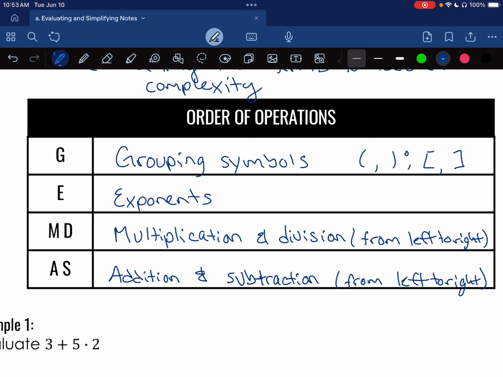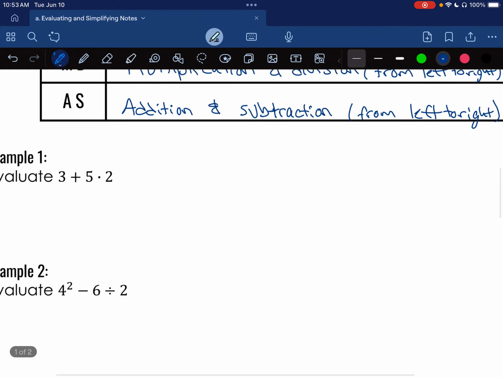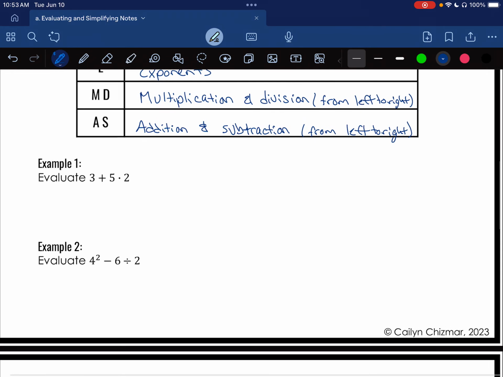All right, so let's start with some examples here. First, I'm asking you to evaluate this expression. That just means I'm going to carry out the operations and find the value of what's going on here. First I look for any grouping symbols or exponents, and I don't see any.